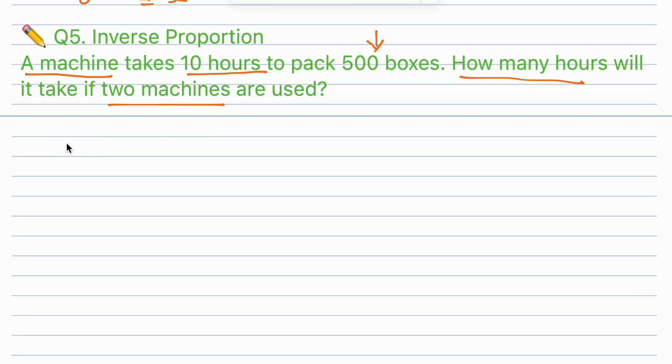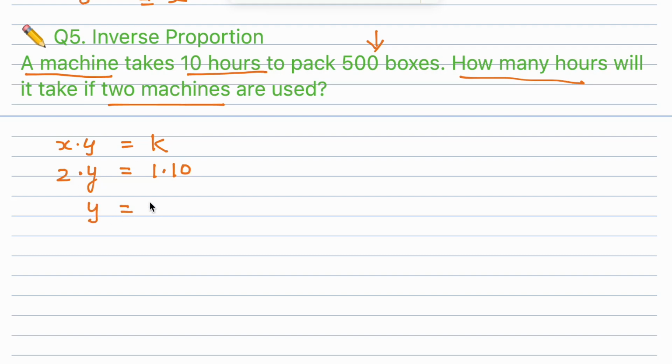If one machine is used, it takes 10 hours. So that means the first data multiplication will be equal to the second data multiplication, or you can write it as k, right? So what is given? If 2 machines are used, how many hours are needed is equal to, if one machine is used, 10 hours are needed. 500 boxes is constant.